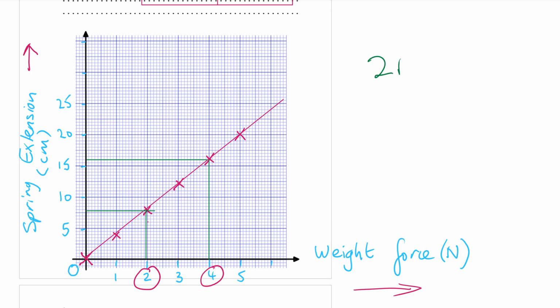So at 2 newtons, the extension was 8 centimeters, and then at 4 newtons, the extension was 16 centimetres.